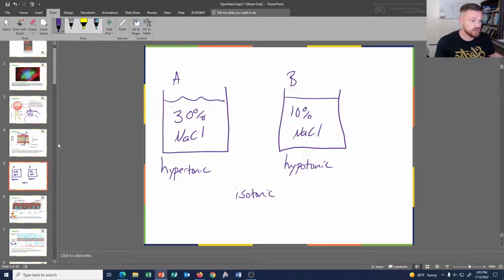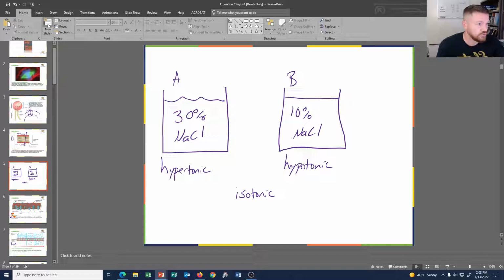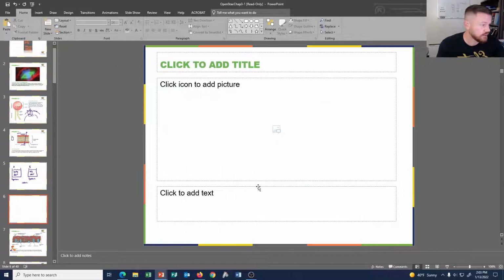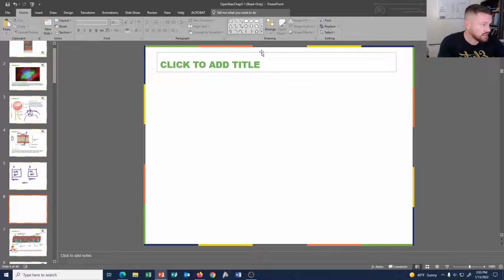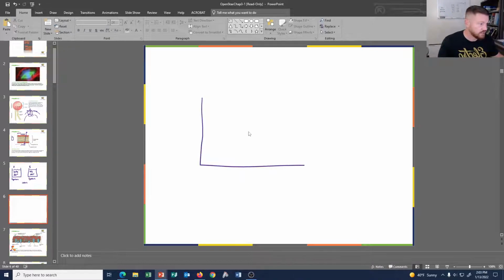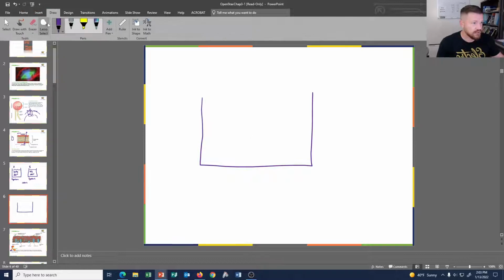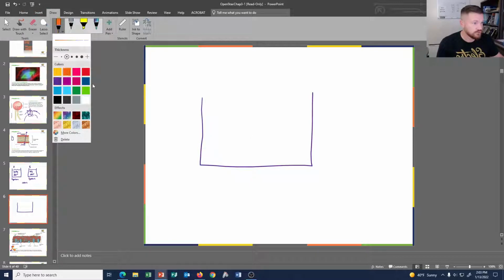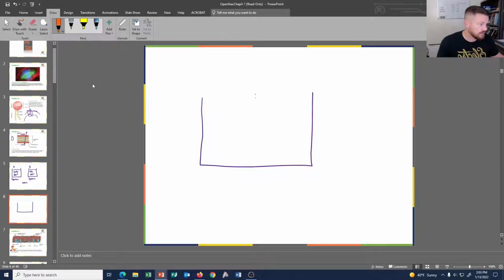And so what does all this mean in relation to osmosis? Well, osmosis is the diffusion of water across a selectively permeable membrane. So let's say I have a larger beaker, and in that beaker I've got a membrane down the middle.